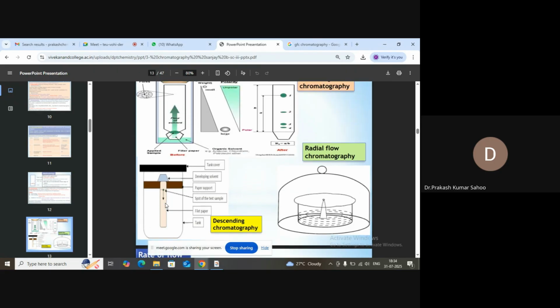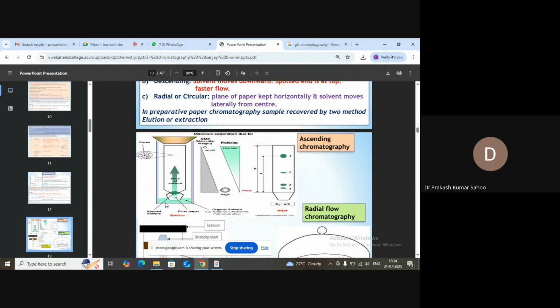If you put the paper inside the appropriate solvent, then what happens? The solvent will move up in the paper. At the same time, the sample containing different components will move according to their interaction with the solid stationary phase.